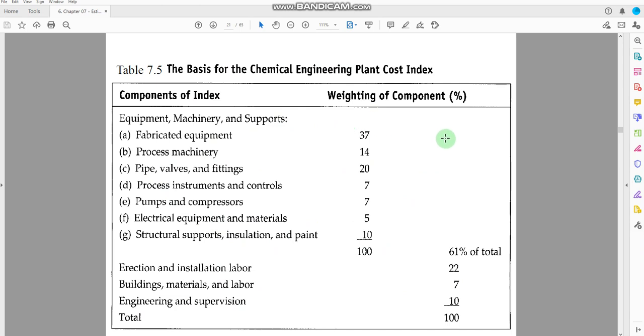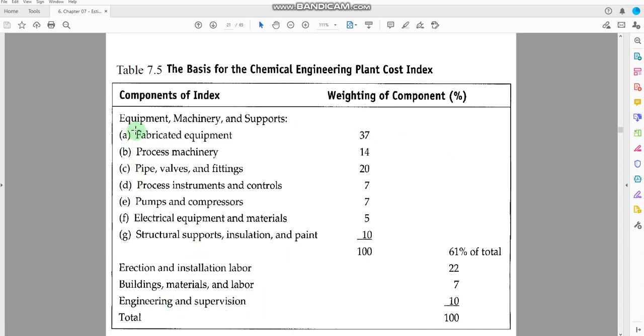Now this one is basically the overall criteria. Okay, for example, you want to evaluate or develop some cost index. Now the cost index would be just one number, but that one number would be based on some detailed calculation about these things in the industry.